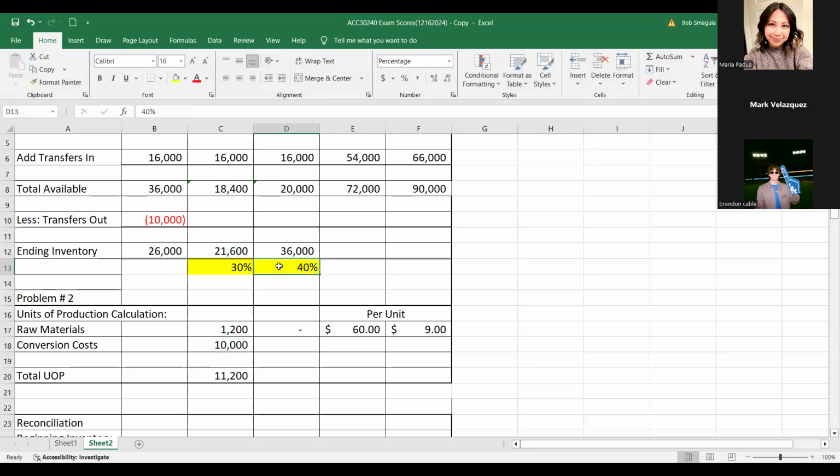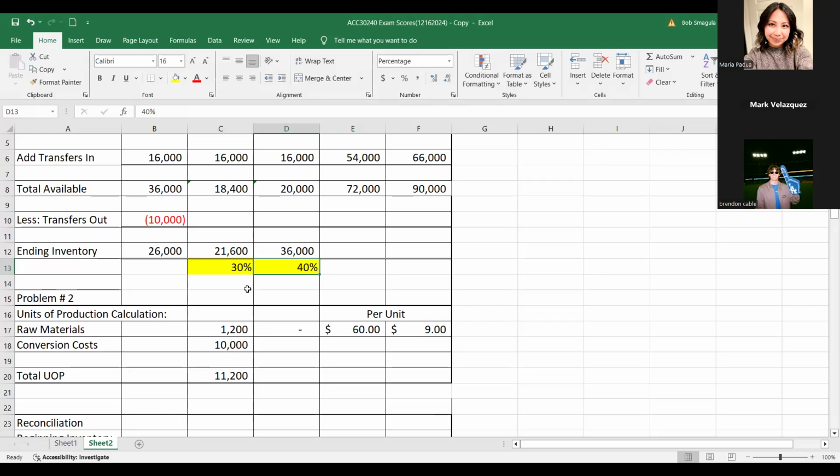And there is your ending inventory dollars. I put terrible numbers up here, so we're coming up with a bit of a negative. But I hope that gives you a sense of what we're trying to do here.